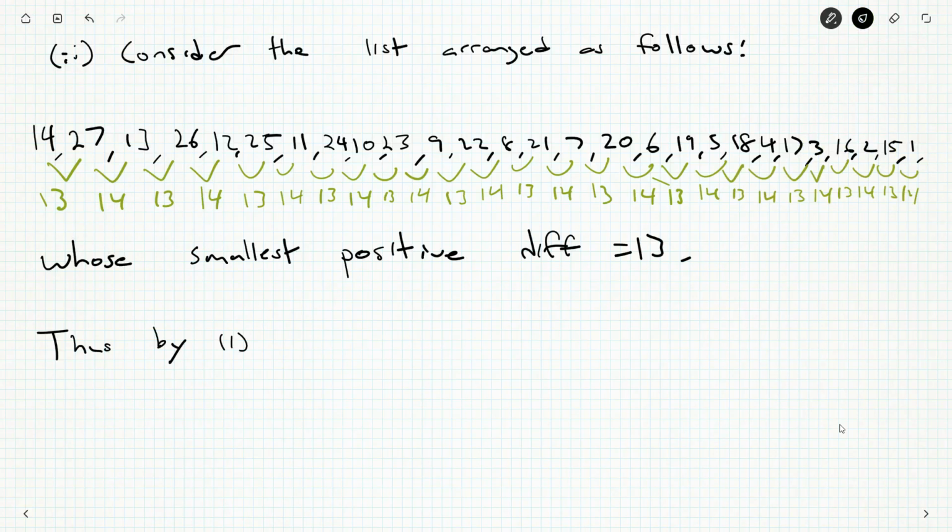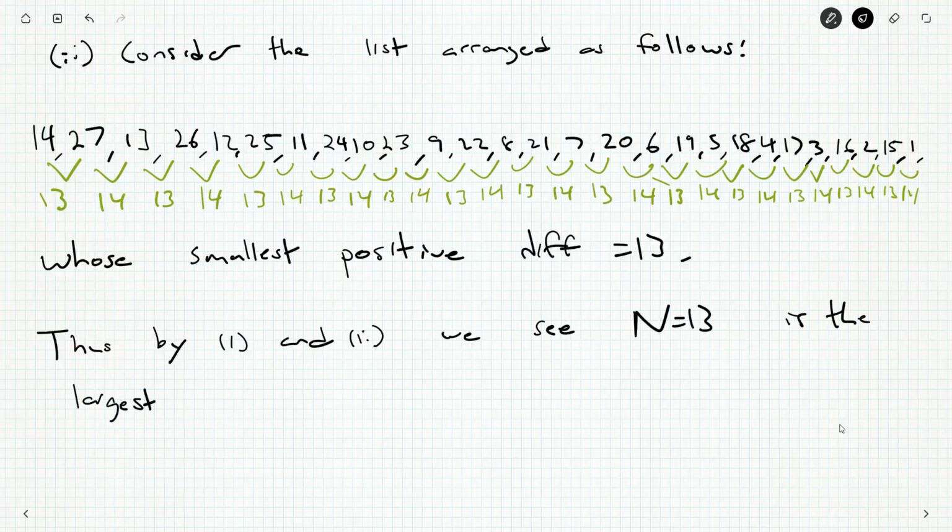Thus, by proving 1 and proving 2, we see n equals 13 is the largest smallest positive difference.